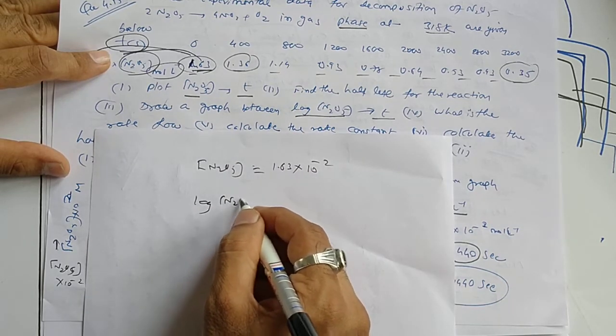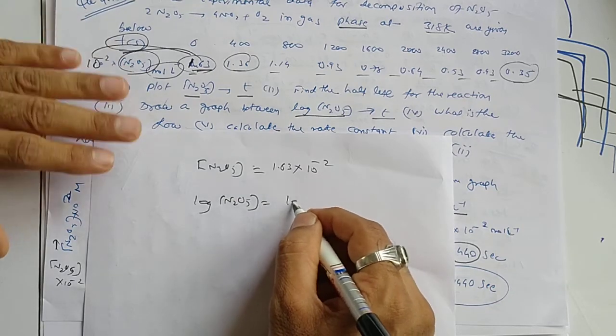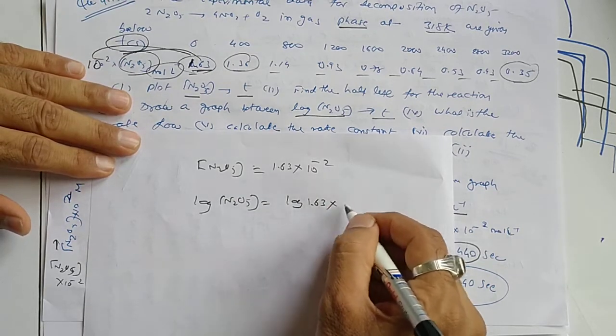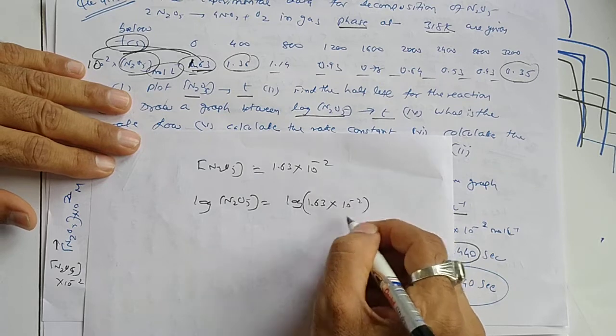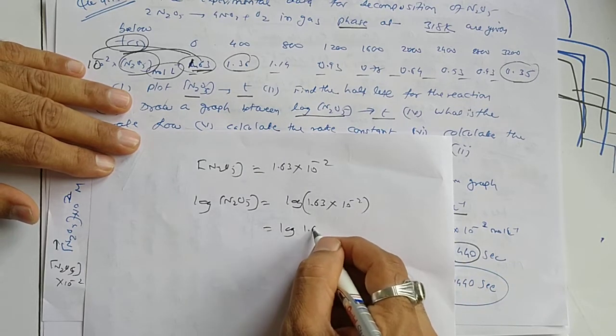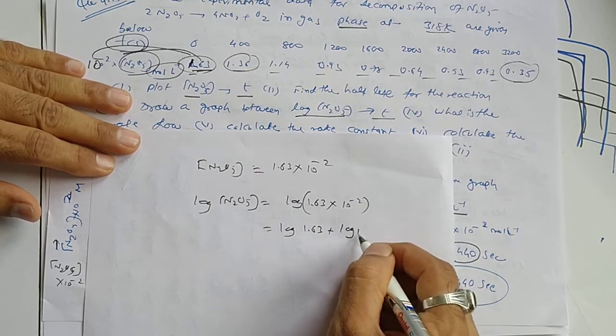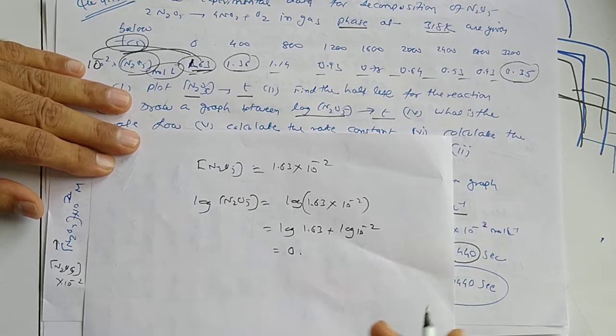We have to take log of N2O5. So log of 1.63 into 10 raised to minus 2 is log 1.63 plus log 10 raised to minus 2.